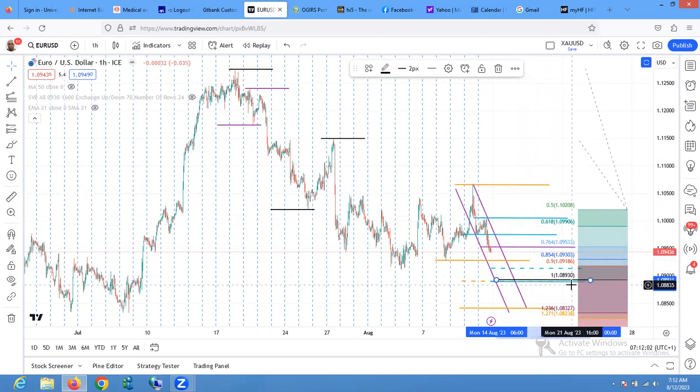And the 123 extension has also gone below the 161.8 of this.